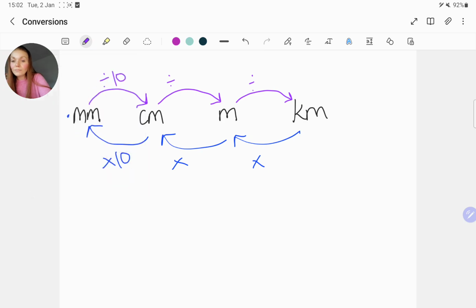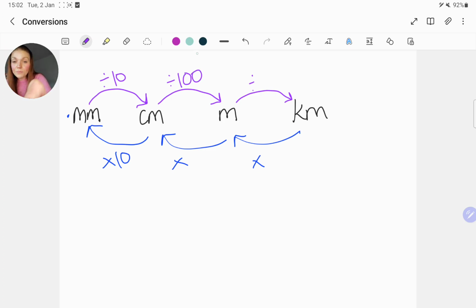Next one. How many centimeters are in a meter? Okay, so how many centimeters are in a meter? If you think of your teacher in the classroom, he or she sometimes has a meter stick at the front. Okay, so your teacher can have like a big meter stick and that represents 100 centimeters.